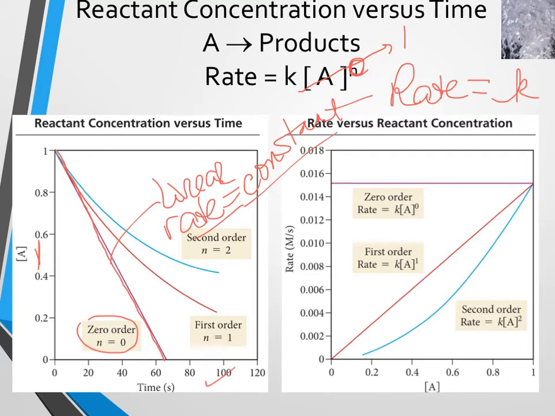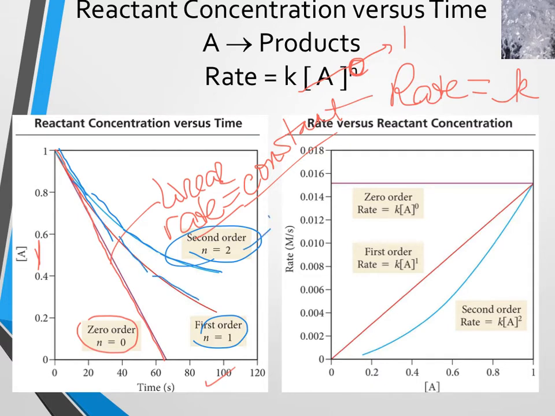Along those same lines, a reaction that is second order is going to undergo a much more rapid change in rate than a reaction that is first order. So if you were to go along and draw a bunch of tangents to the second order curve, I stink in drawing tangents, you would notice the slope of those tangents are changing much more rapidly than tangents that you might draw along the first order reaction.